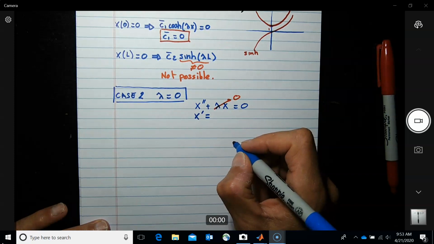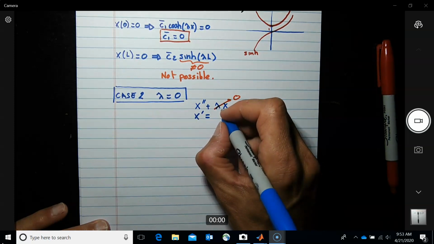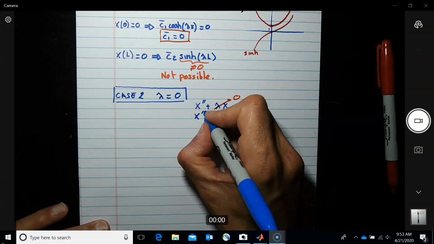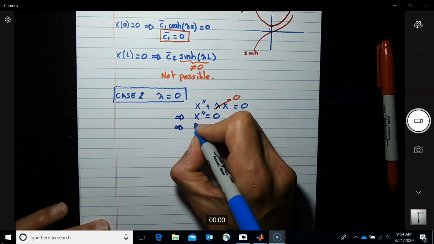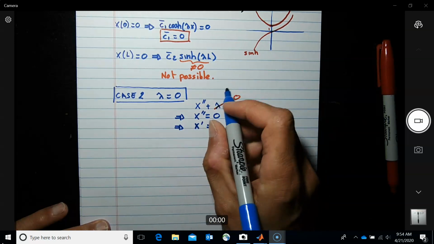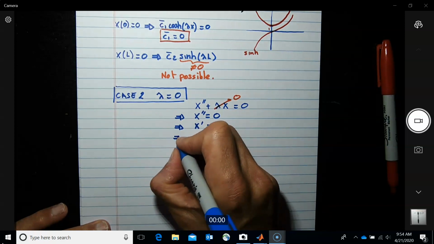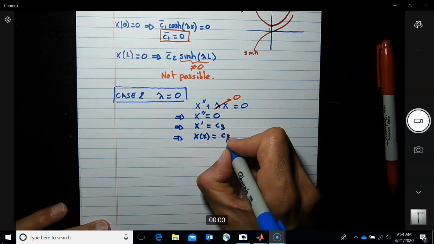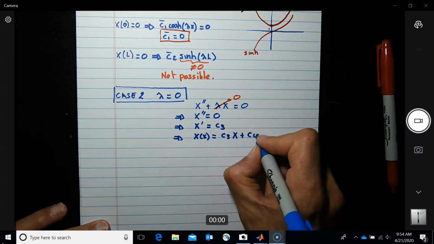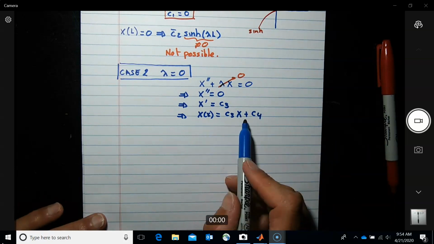So X dot will be equal to a constant. So this would mean that if we do the first integration, we use C1, C2, so let's say it will be equal to a constant C3. And then the last solution, X of x, will be equal to what? C3x plus C4.